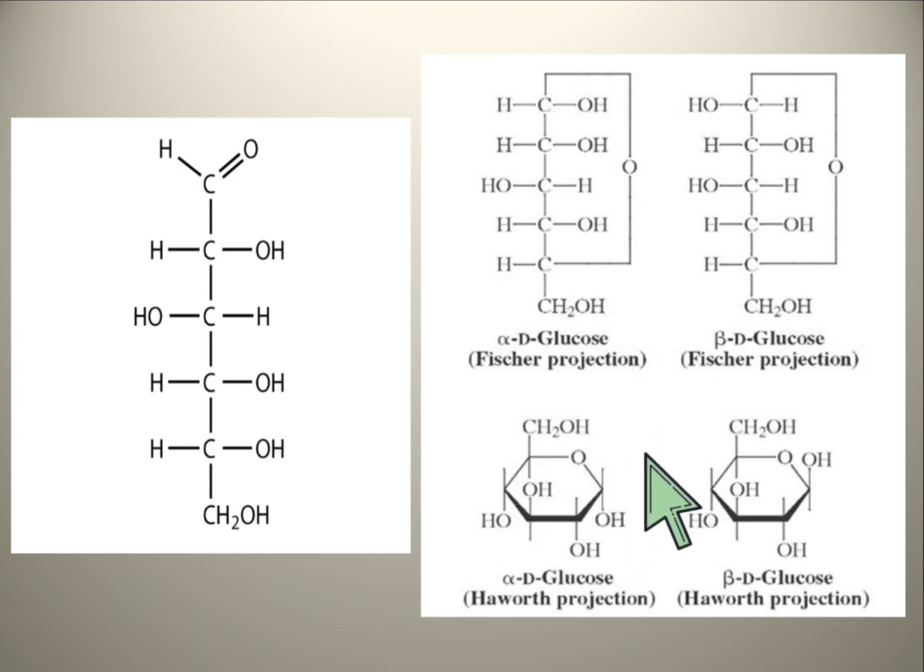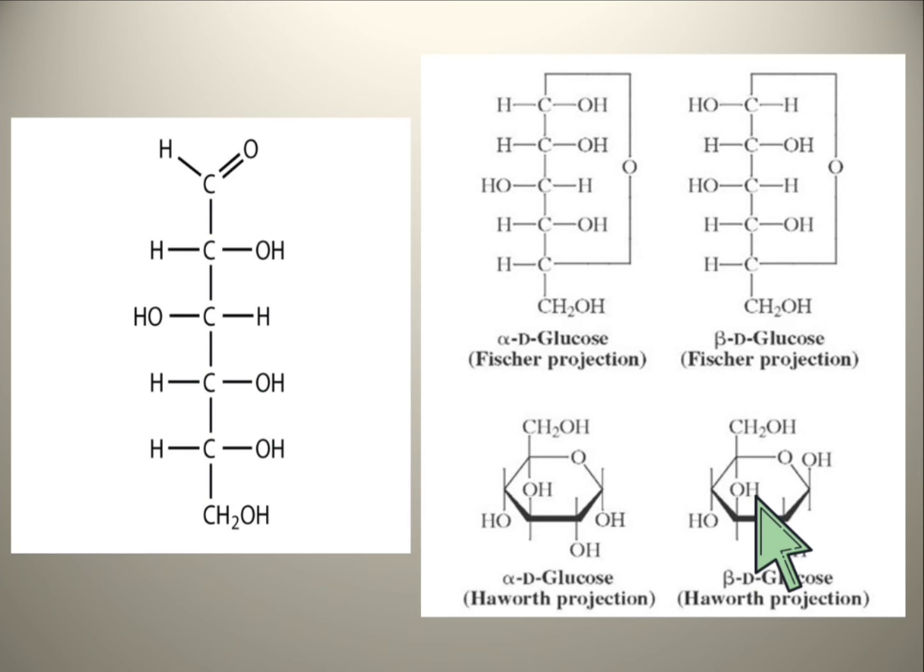So just remember that cyclic sugars interconvert from one form to another, and that is termed mutarotation. The optical rotation of the solution depends on the optical rotation of each of these anomeric forms, and also on the ratio between the two in the solution.